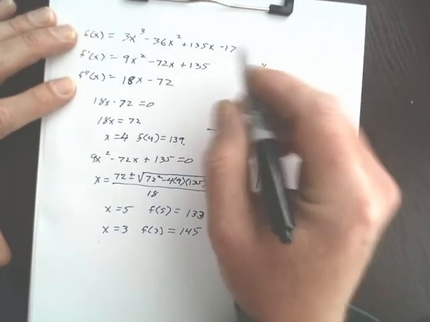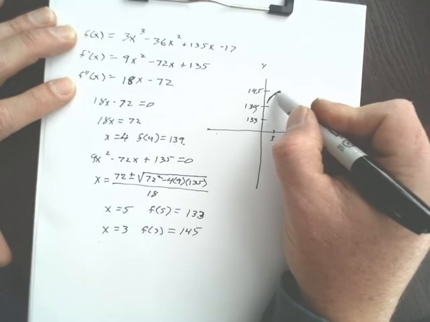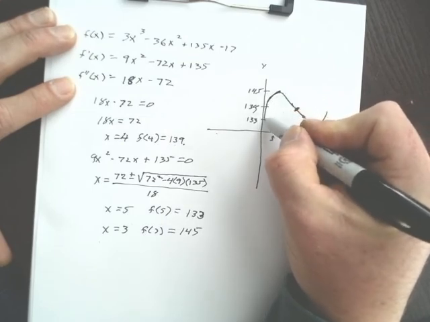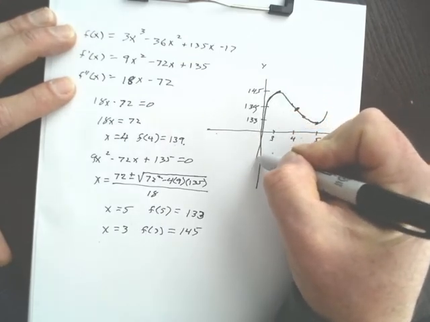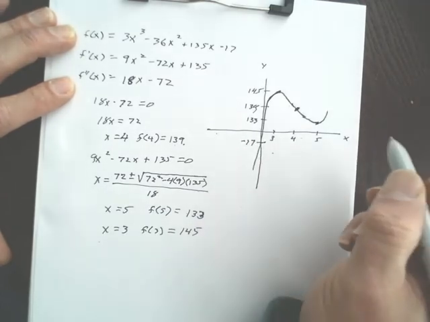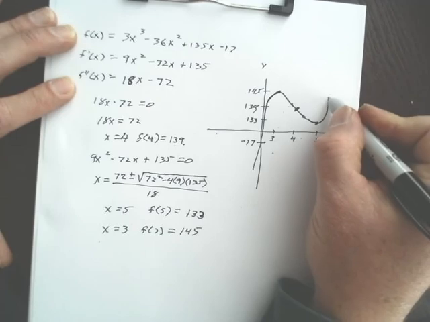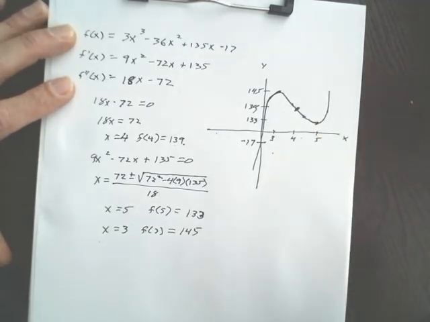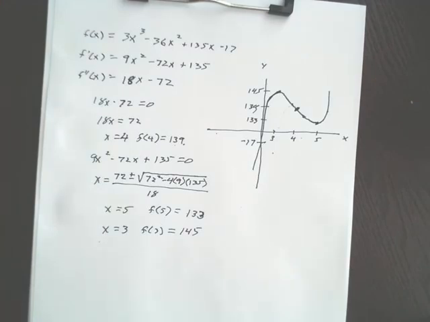Now, how can we check that? Well, we can check that because f of 0 is negative 17. So this graph actually comes down like this and crosses at negative 17. Okay, so this has to look like that. Okay, easy enough.